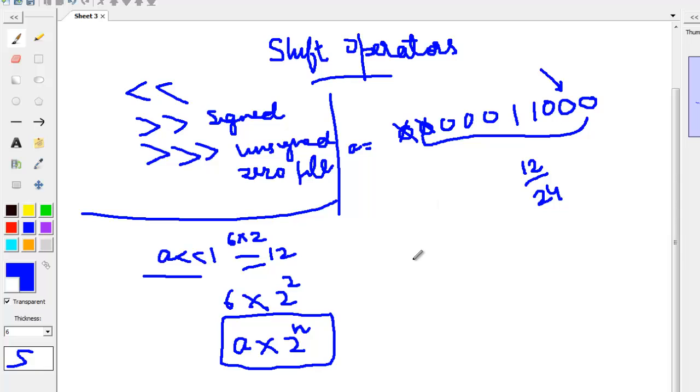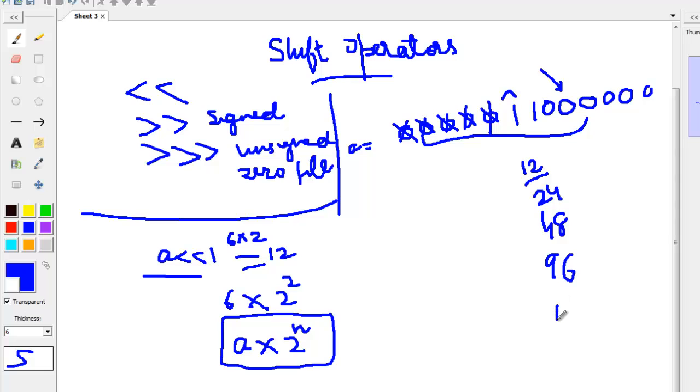However, while left shifting, we have to take care that you do not have 1 in the extreme left. In case you have 1 in the extreme left, then the number will change dramatically. Suppose I have 24, then I shift another, this becomes 48, then again shift another 0, I get 96, and then again shift. So this goes, another 0 comes, but the problem now is that in the extreme left I get 1.